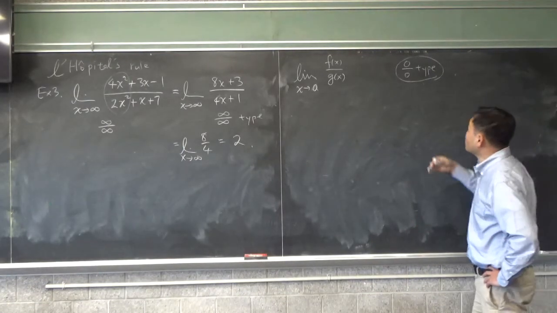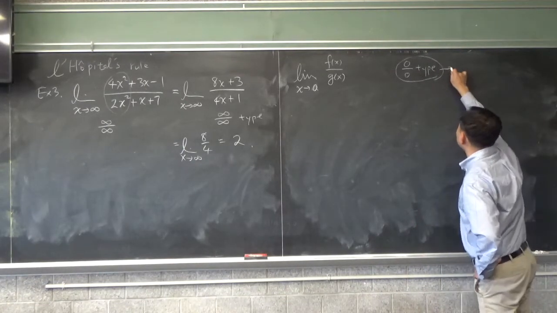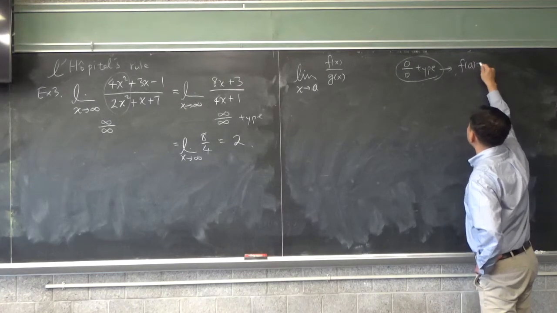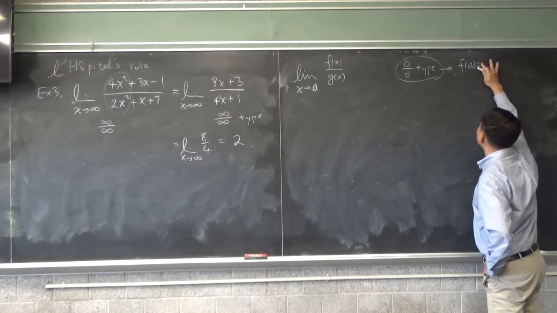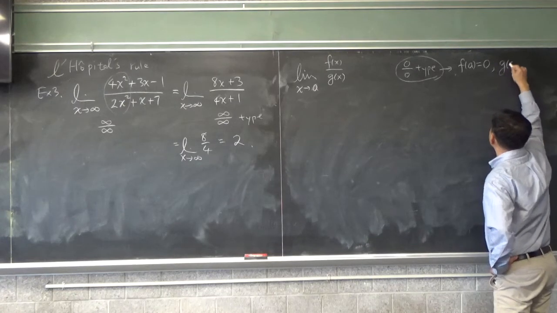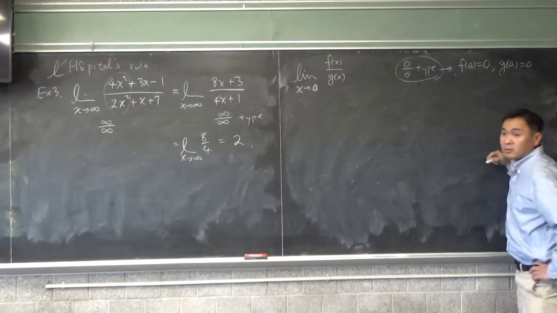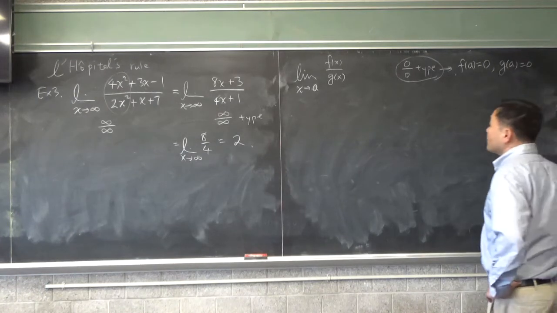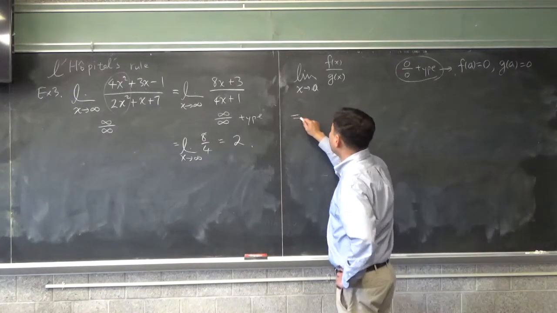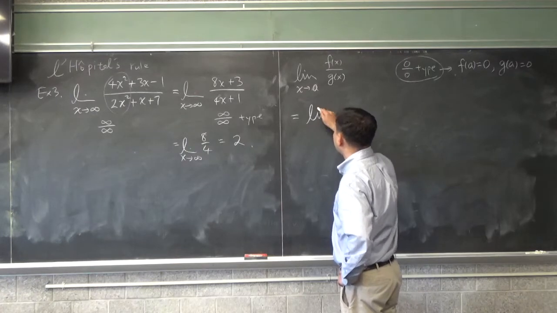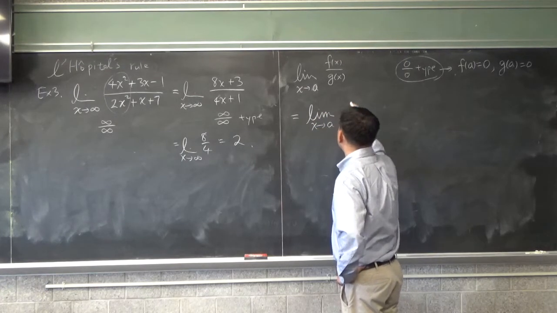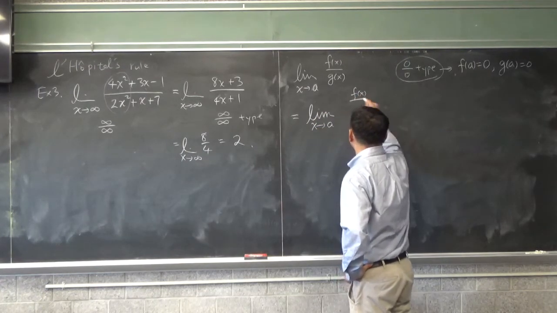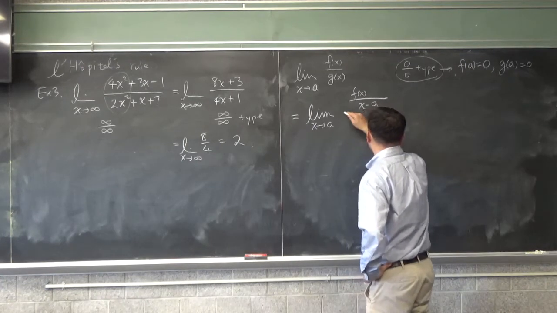Well, first, being 0 over 0 type means f of a is 0, and g of a is 0, so they're both 0. That's what it means, right? And then we are going to divide the top and bottom by x minus a.